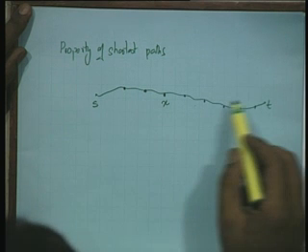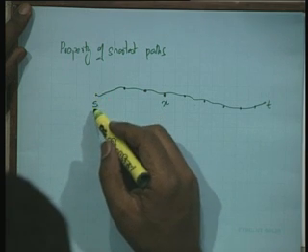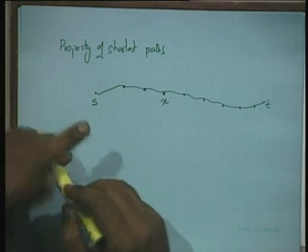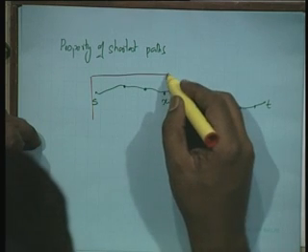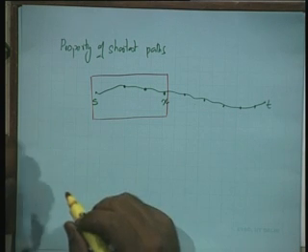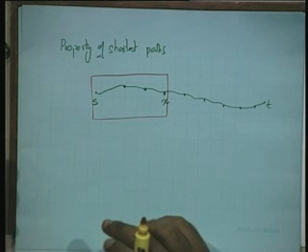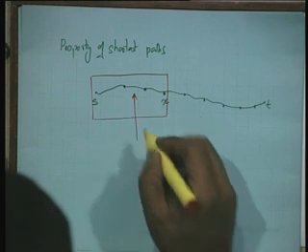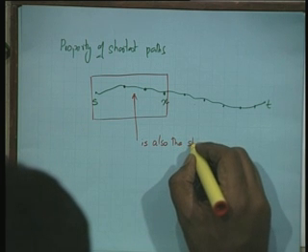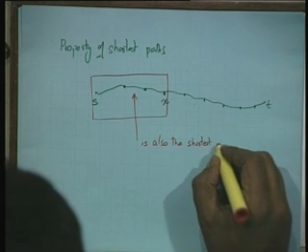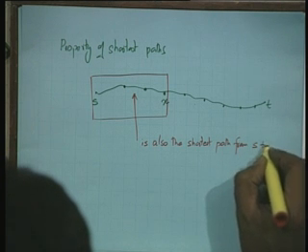Then the part of this path from S to X, that means this part of the path, is also the shortest path from S to X.